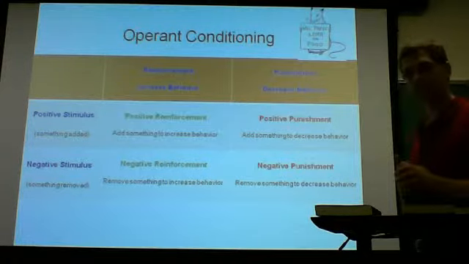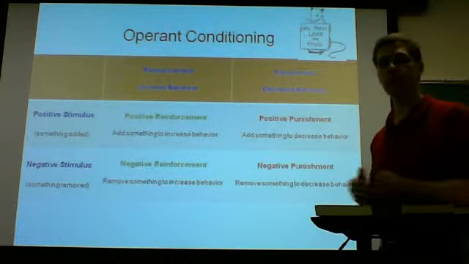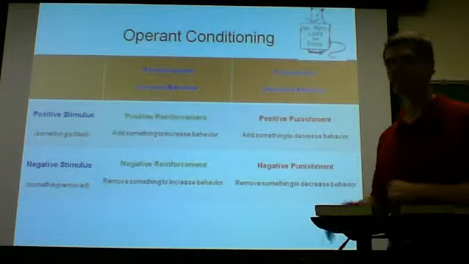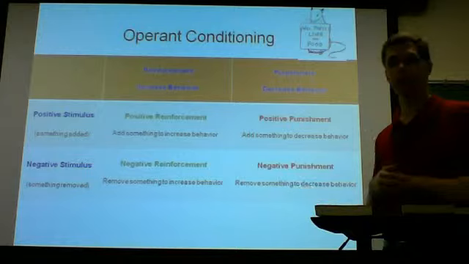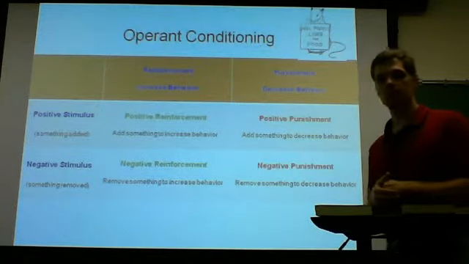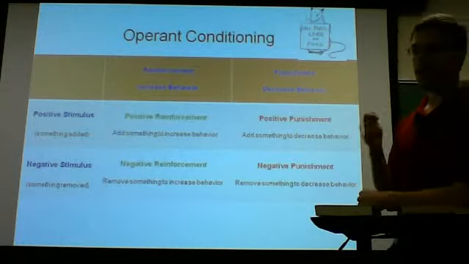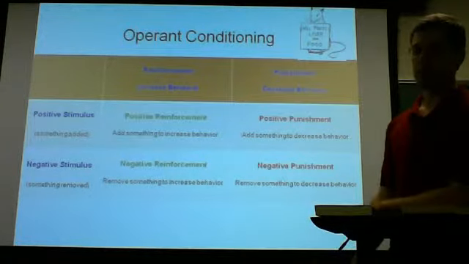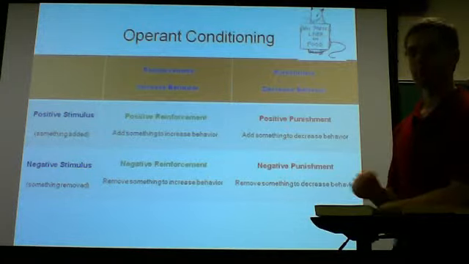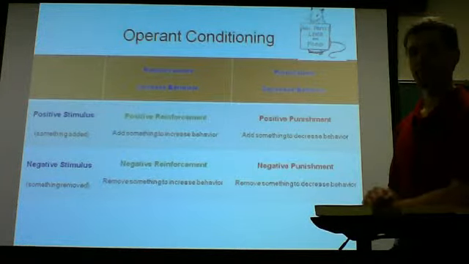Positive punishment, on the other hand, think of it in terms of spanking. You are administering a spanking in order to decrease a behavior. Spanking a child for hitting their sister, for instance. Negative punishment, think of it in terms of taking away something in order to decrease a behavior. So taking away privileges for hitting your sister in order to decrease that behavior.